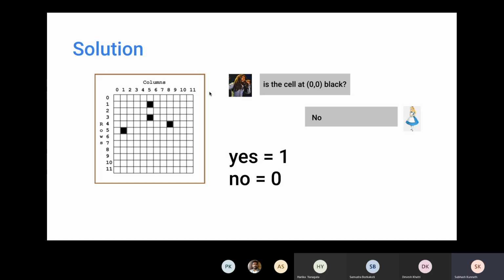If it's no, he won't mark it on his graph paper. When Bob asks, is the cell at 1,5 black, then Alice says yes, and Bob can also mark the cell as black.